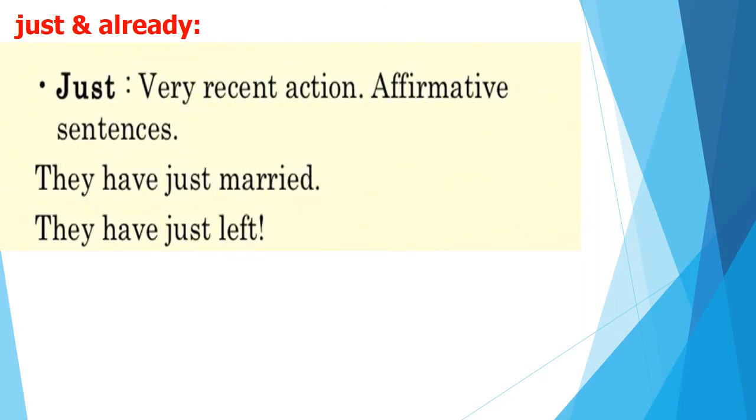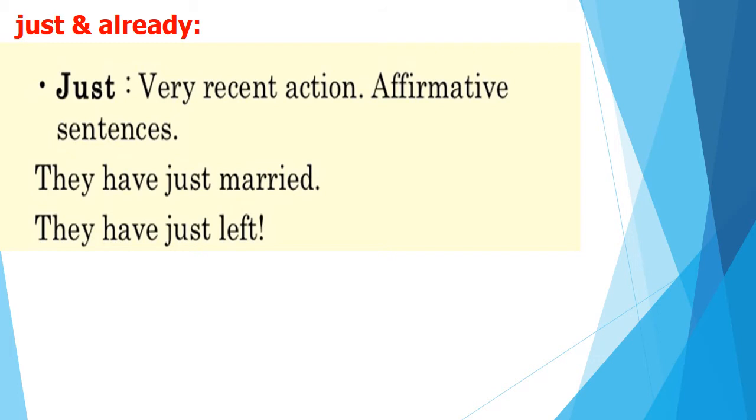Now let's talk about the present perfect keywords. Just and already. Just means a very recent action. We use just in affirmative sentences between have or has and the past participle. They have just married. They have just left.